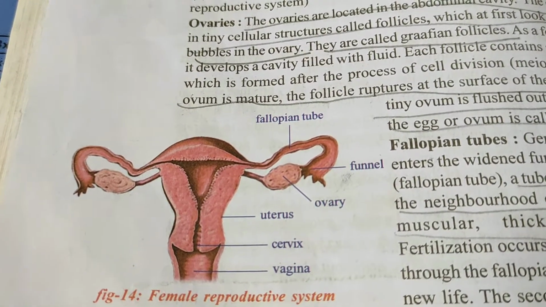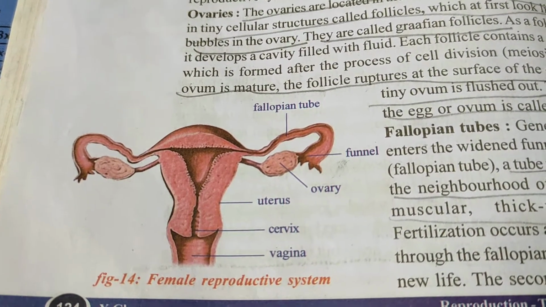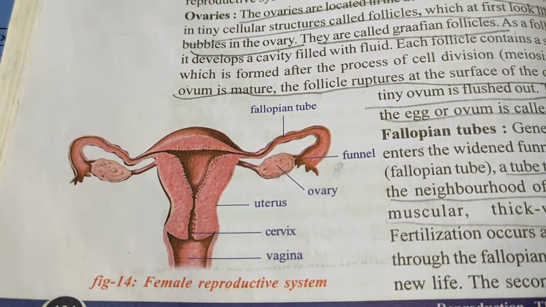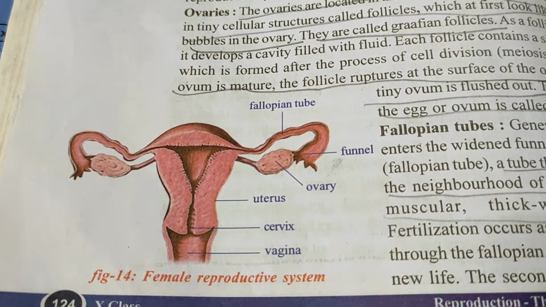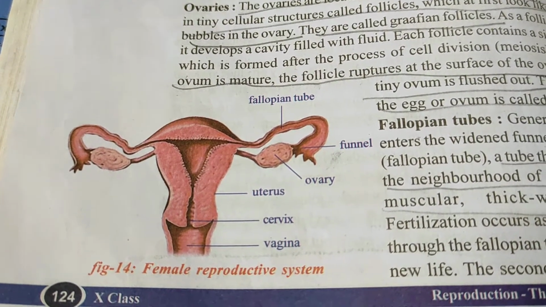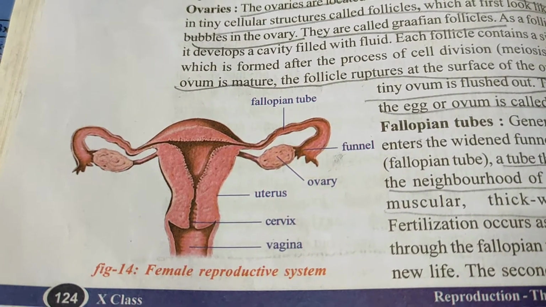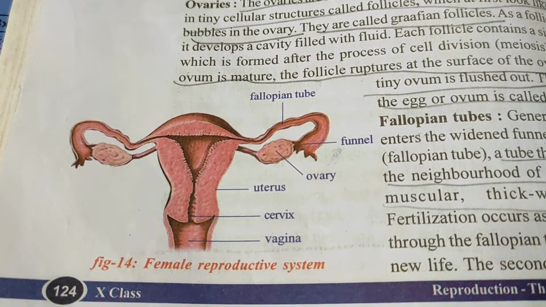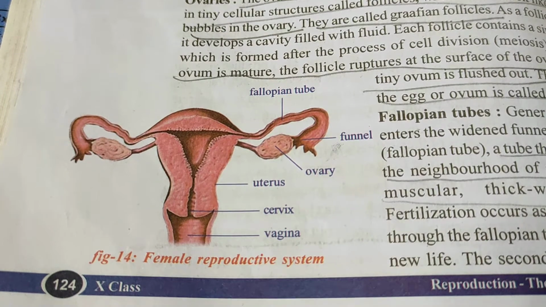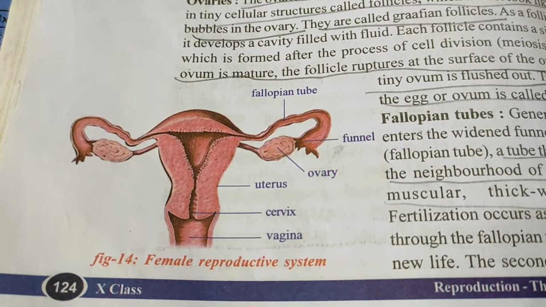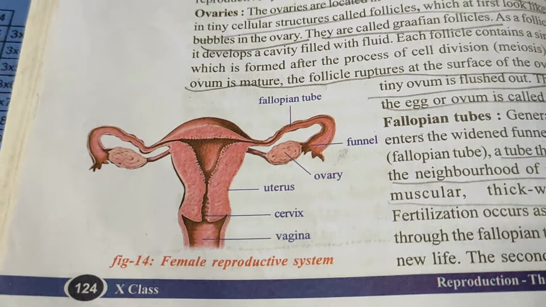Let us discuss how all these parts function. First, a pair of ovaries on both sides, then a pair of fallopian tubes on both sides, then the uterus at the center, and the vagina, and the functional mammary glands only during the natal time. Now in detail, look at the board.